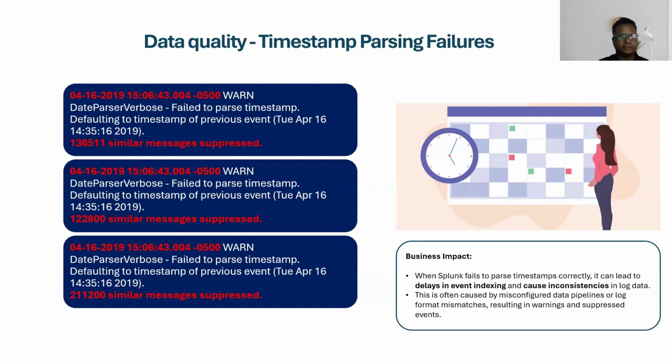We have a set of configurations for timestamp parsing. We have the prefix that we use. We also have timestamp look ahead. Related to this, we have many configurations, and based on the events, we need to have those proper configurations in place to have a complete insight of our data, right?